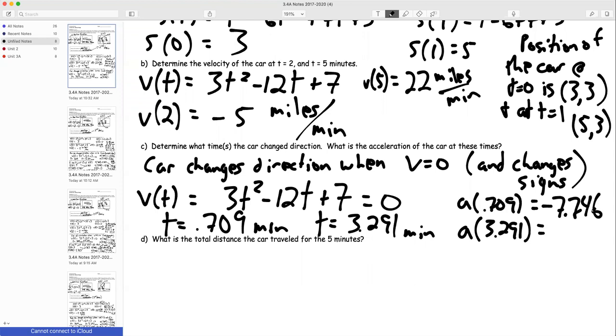Make sure you are plugging it into the acceleration equation, which is 6t minus 12. And what is A of 3.291? It's positive 7.746. And what would my units be for the acceleration? Miles per minute squared.